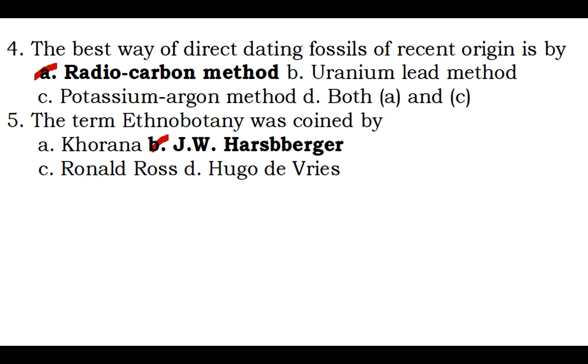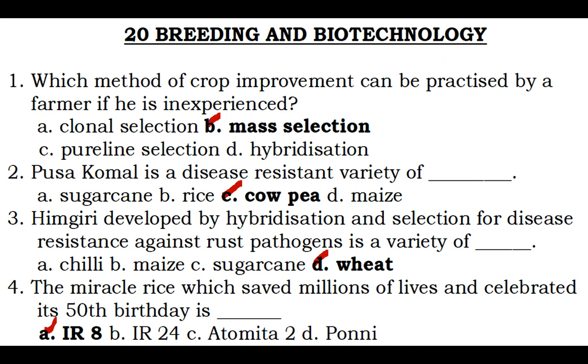Question number 5. The term ethnobotany was coined by option B, J.W. Herzberger. 20th lesson, breeding and biotechnology. Question number 1. Which method of crop improvement can be practiced by a farmer if he is inexperienced?